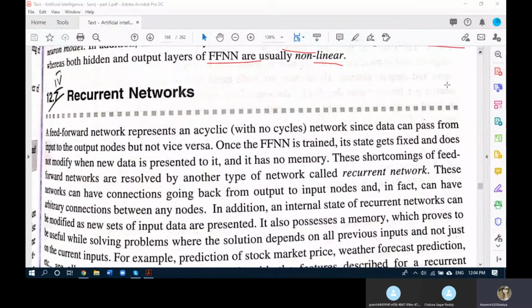So today's topic is recurrent networks. This is under neural networks. We have studied neural networks, single layer feed forward neural network, multiple layer feed forward neural network, and yesterday we looked at radial basis function networks, RBF networks.